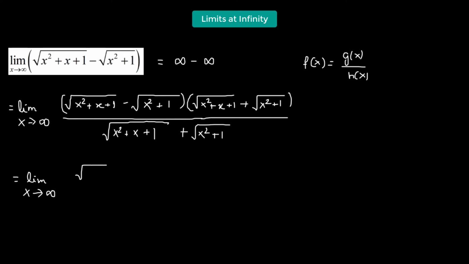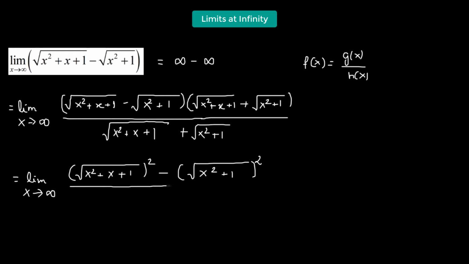So that would give us the square root of x squared plus x plus 1 whole squared minus the square root of x squared plus 1 whole squared, divided by the square root of x squared plus x plus 1 plus the square root of x squared plus 1.